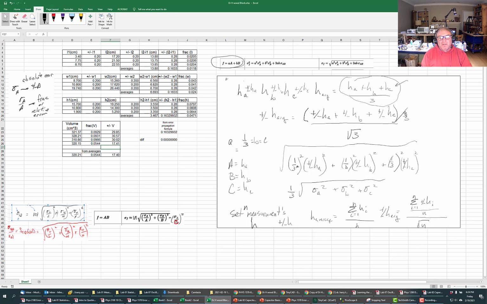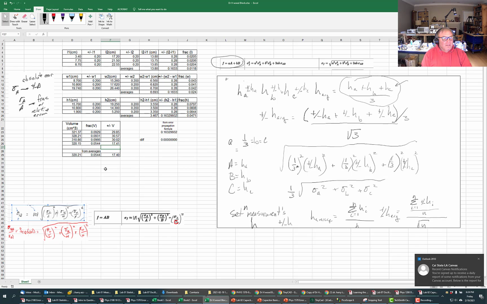But there's the shortcut formula, and we demonstrated that it's okay to do it. So we took average values of length, width, and height and calculated their plus minus. And then from those average values of length, width, height, we multiplied them together to get the volume.